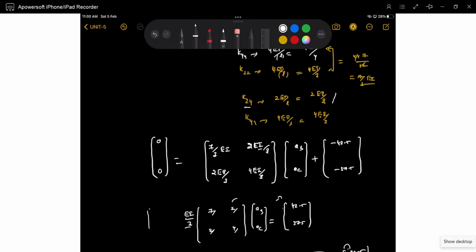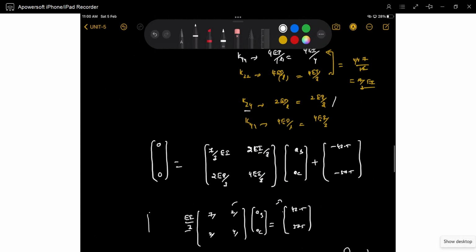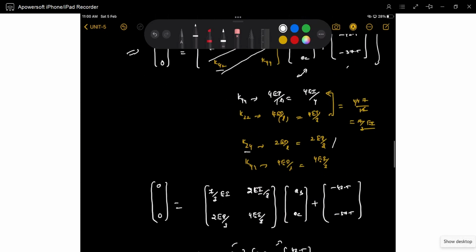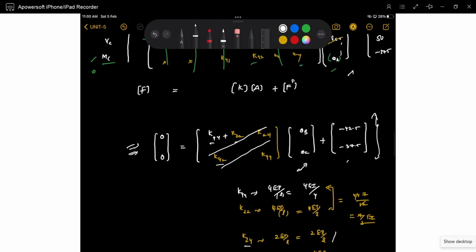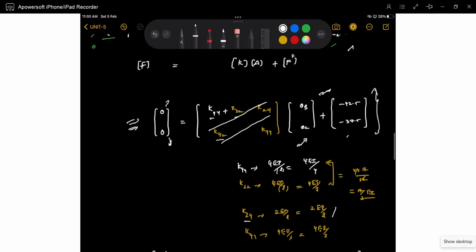Boundary conditions: if you see very low level textbooks or some YouTube videos, they directly write this vector. How they write it, I will explain tomorrow. They didn't explain why it is zeros. They directly took it as a problem and solved it.